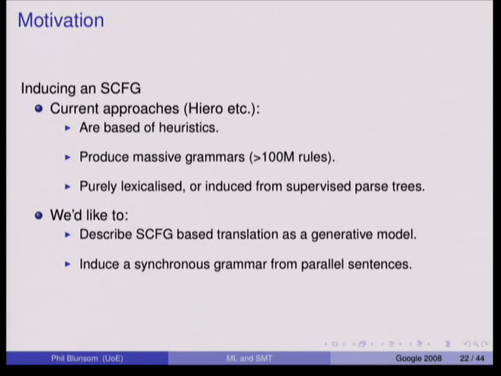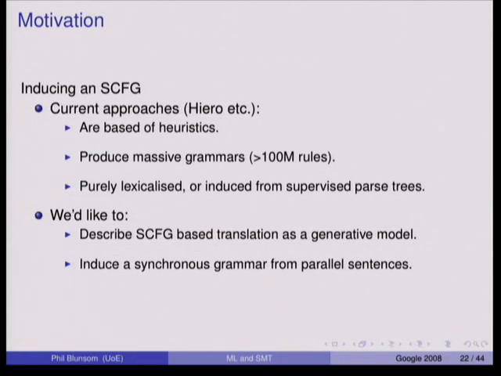There hasn't been a great deal of work on inducing synchronous grammars. Current approaches in translation are based on heuristics, such as the Hiero heuristic or other ones, sometimes using supervised parse trees. They have problems. They produce massive grammars, hundreds of millions of rules even for medium-sized corpora, most of which are just noise.